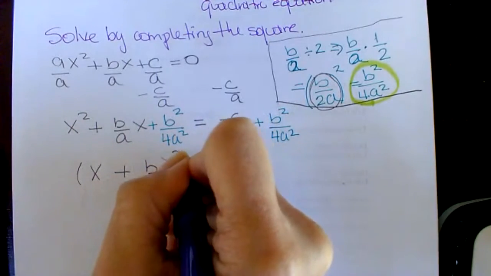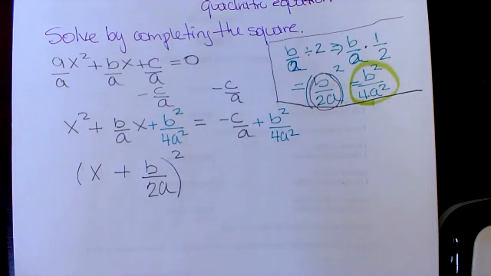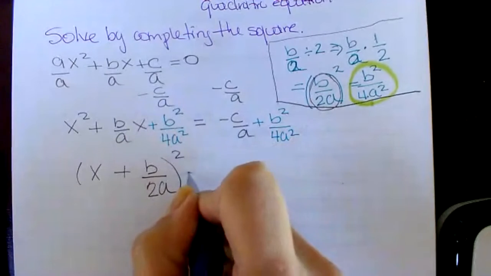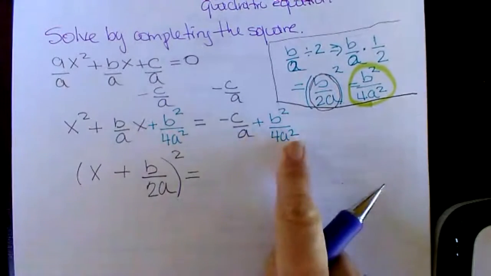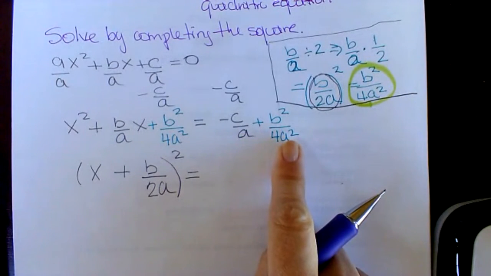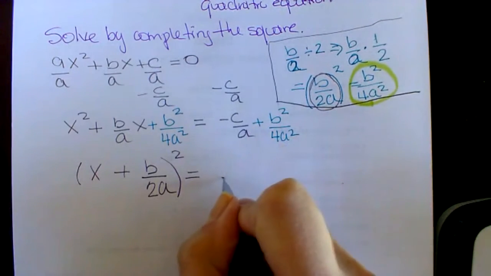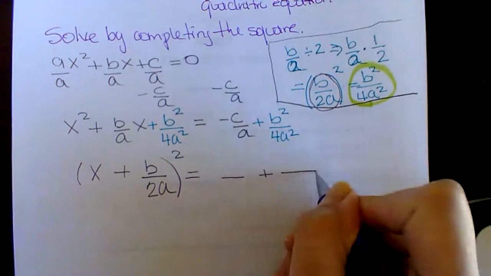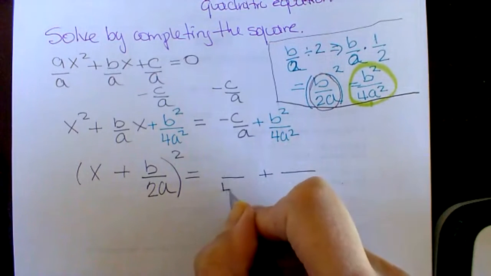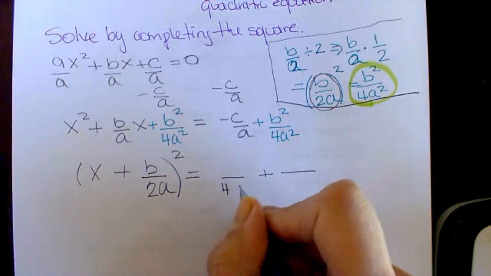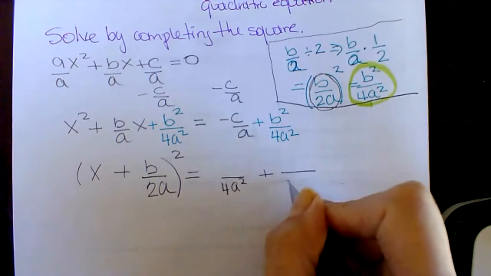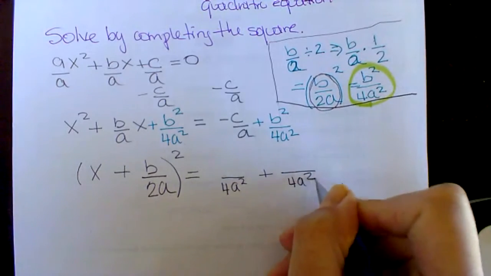That's going to be squared. Now, on this side, I need to have the same denominators. So this is going to have 4a squared and 4a squared.